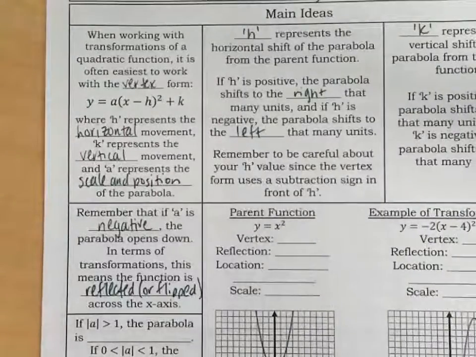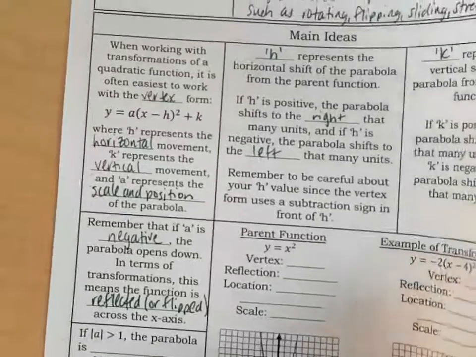So that's where we talk about the position of it changing with that a value. If it's a positive number, it's going to be in its original location, but if it's a negative number, it gets flipped to be reflected over the x-axis. So that's part of what the a value does.